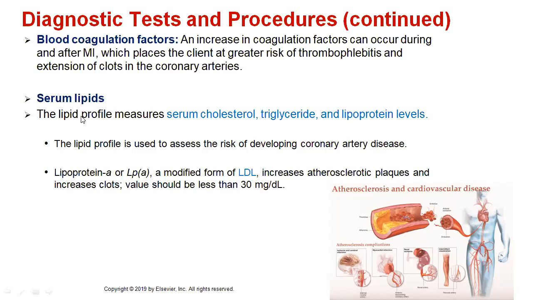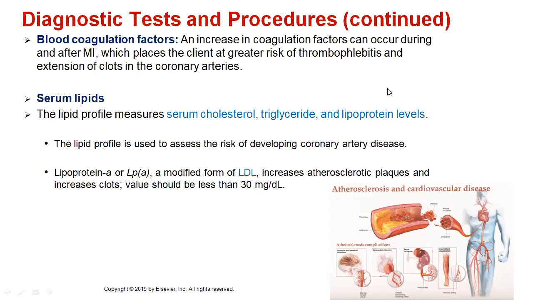So for the lipid profile measuring, when the doctor writes go for lipid profile, it means you have to check the total cholesterol or serum cholesterol, you have to check the triglyceride, and you have to check the lipoprotein level.